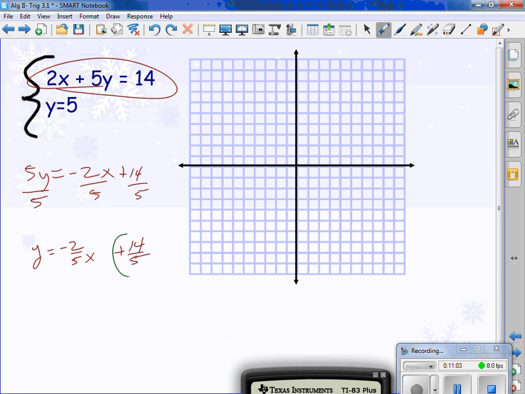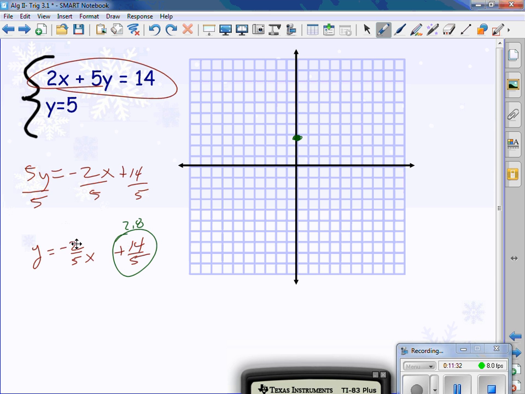Now, graphing 14/5. What does 14/5 mean? 2.8. So I go up 1, 2.8. It's almost 3. That last number does not tell me slope. It just tells me how far up.